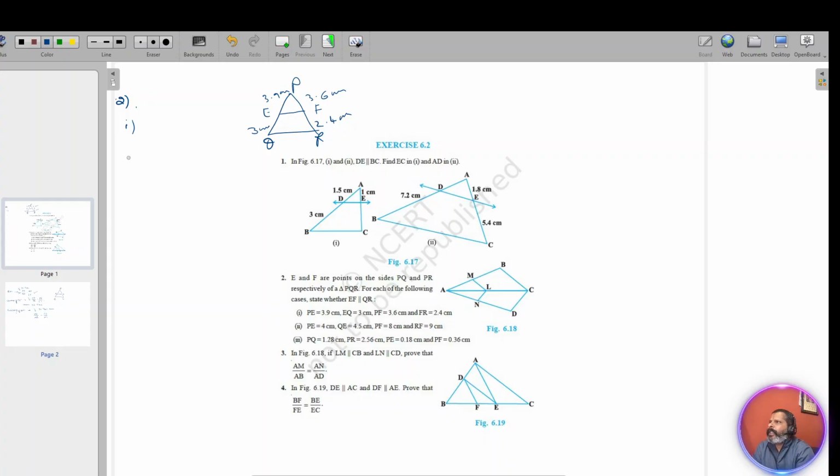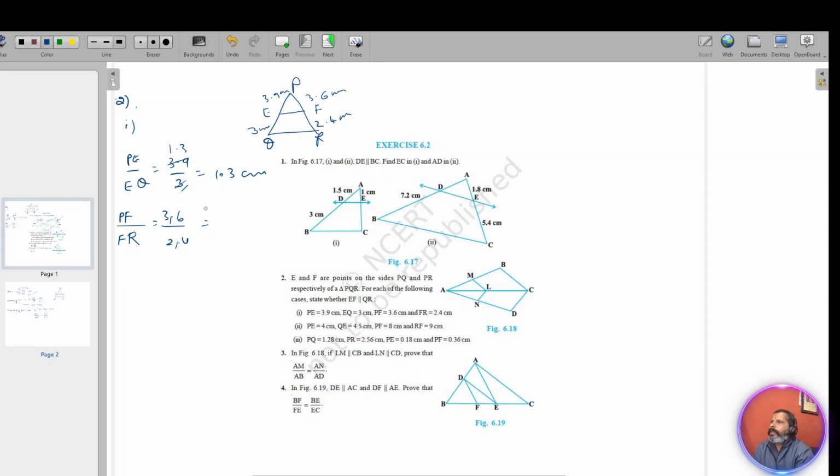So let's find PE by EQ. How much does it come to? Check out. 3.9 by 3. 3 ones are 3, 3 thirteens are 39, so it is 1.3. Similarly, find the other ratio, PF by FR. What is PF? 3.6 by 2.4.